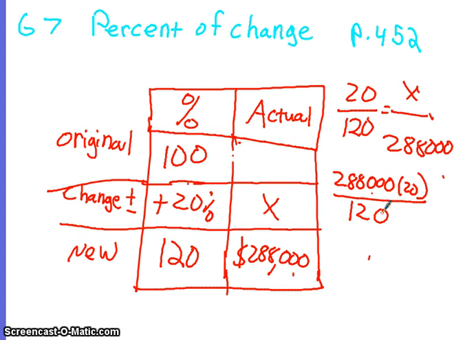So it would be 144, 0. What is 120 divided by 20? 6. 120 divided by 20 is 6, right? So that's gone. This is 6. So it's 288,000 divided by 6. So what is 288 divided by 6?